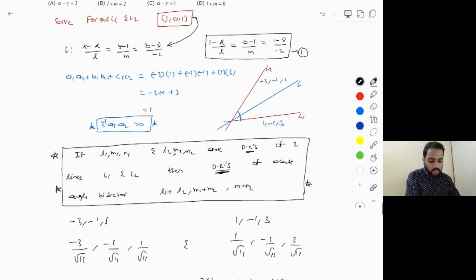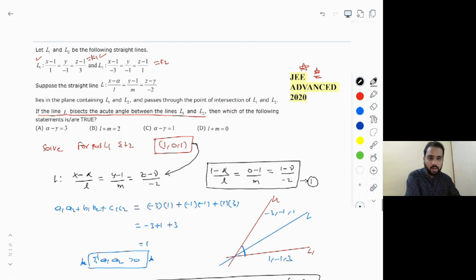So once again, let's try to see what we have done. Very important model and a good question which has potential to be asked in JEE Mains also, by taking some part of it or some concept out of it. What is the first thing? We have solved L1 and L2 and got the point of intersection. Since L is passing through this point of intersection, it has to satisfy that.